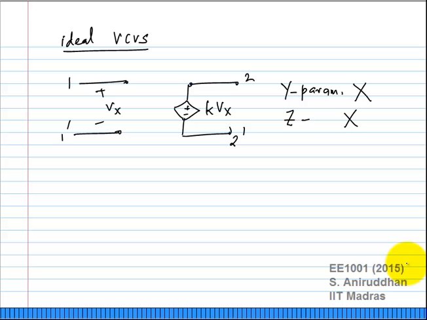Okay, and what about H parameters? What about H and G parameters? Can you go back and check your notes and tell me if H parameters will be suitable?